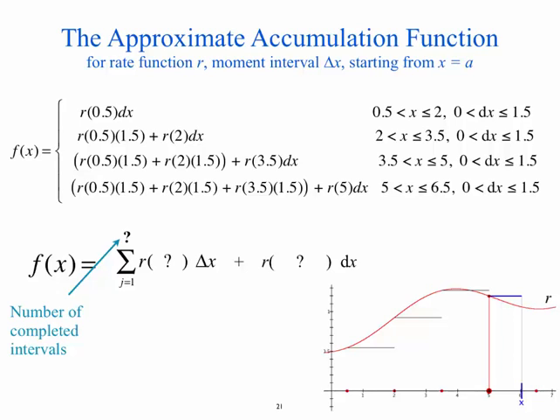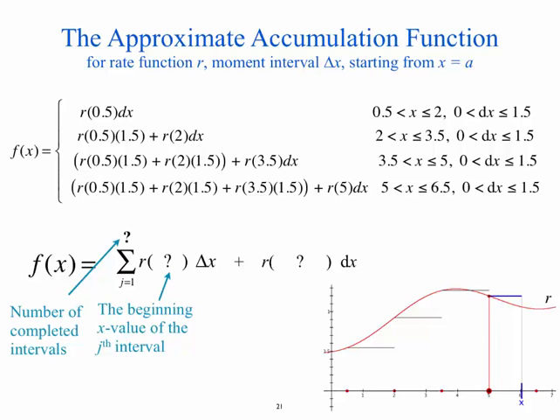Okay? Now what are these x values that we're putting into R? So for a given completed interval, it's going to be R of what? Suppose here we are in the second interval. We took R of what in this second interval? R of 2. So we're going to take the rate at the beginning x value of the j-th interval, whatever interval it is.